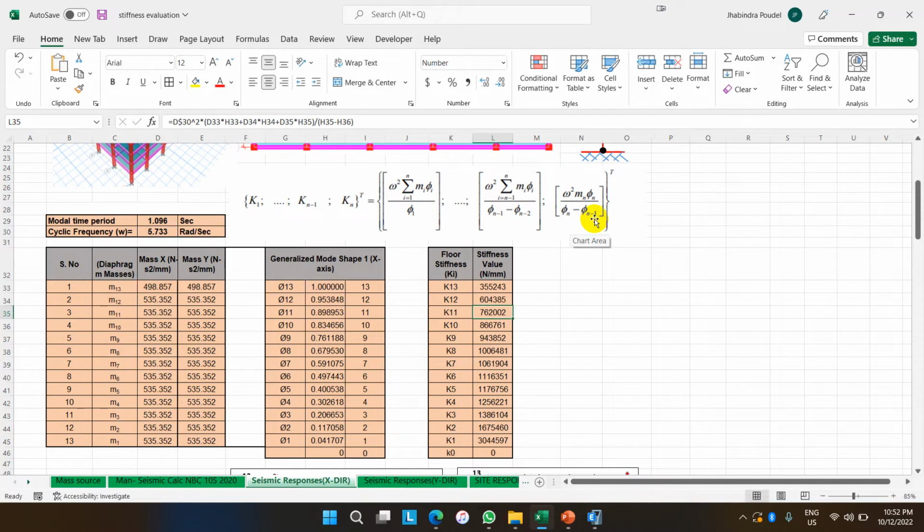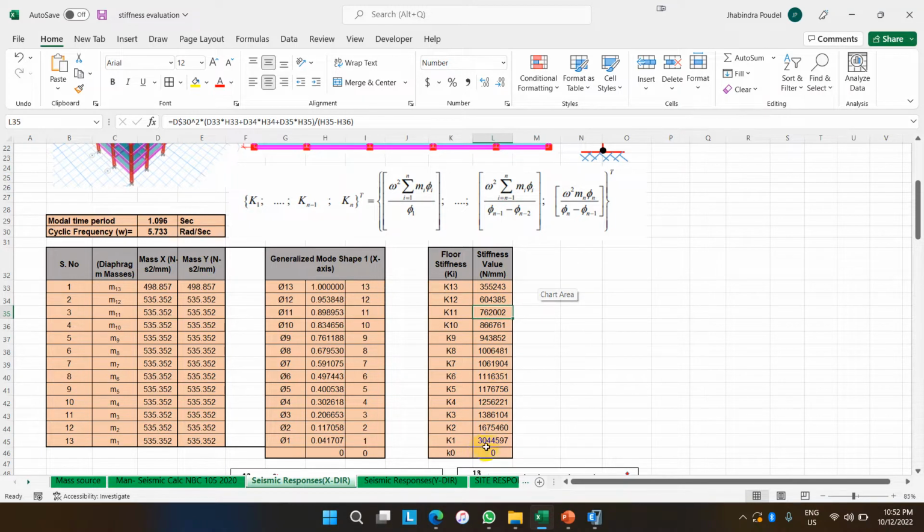Similarly, for the 11th floor, the product of story masses and mode shape of the 11th, 12th, and 13th floors can be done and divided by phi 11 minus phi 10, and the W square value is the same.